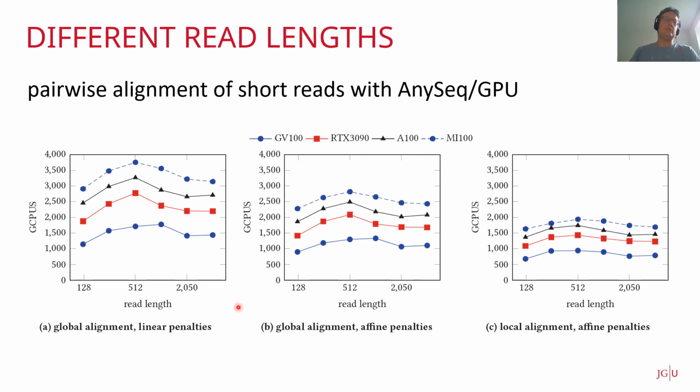We see that in all three scenarios, a read length of 512 is optimal for the NVIDIA cards, while at least for global alignments, the AMD card performs best for reads of length 1024.